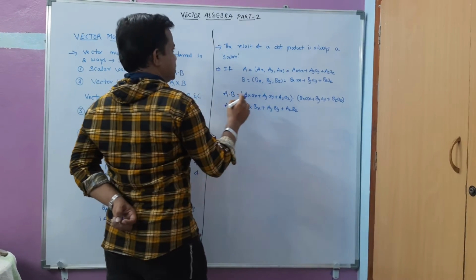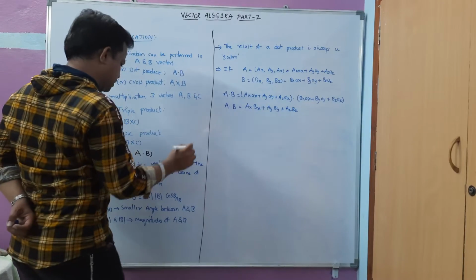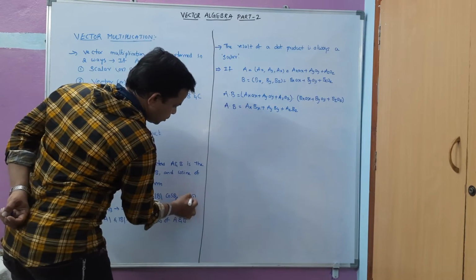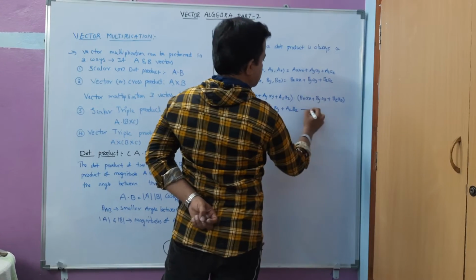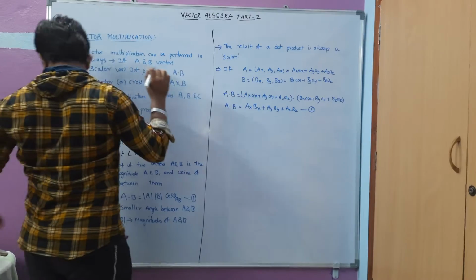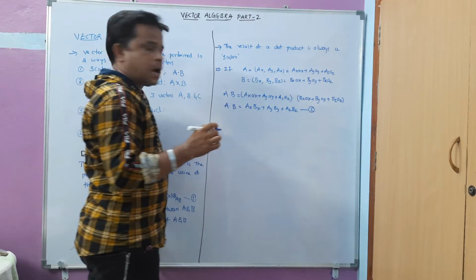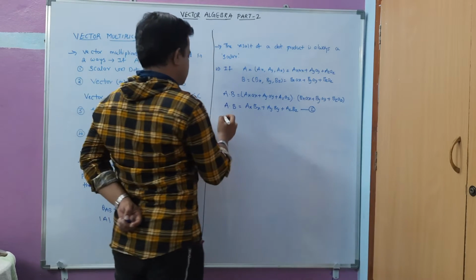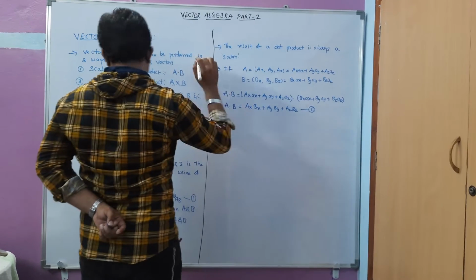Now let me take this as equation 1 and this as equation number 2. Now if two vectors are orthogonal, that is perpendicular, their result is always 0.